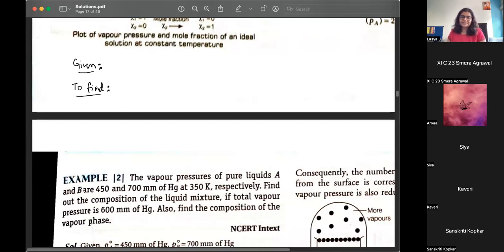Kaveri got it. ठीक है, सही है. Yes, Kaveri got it.